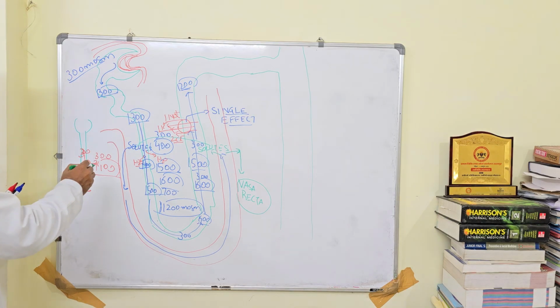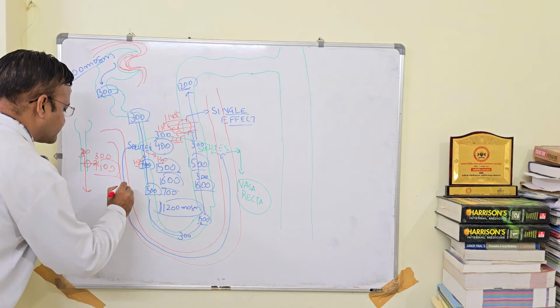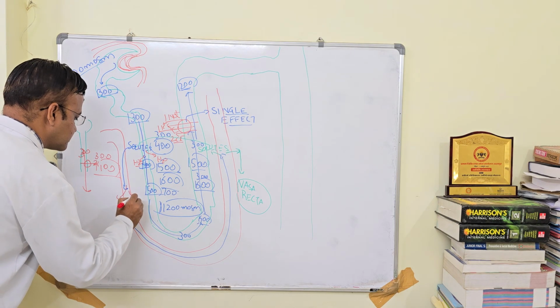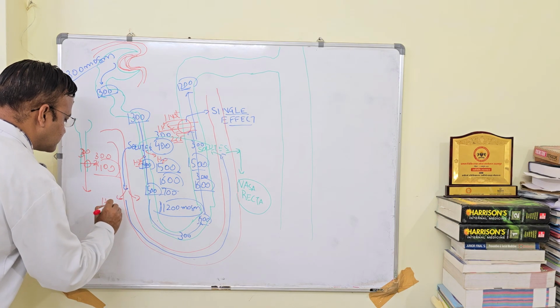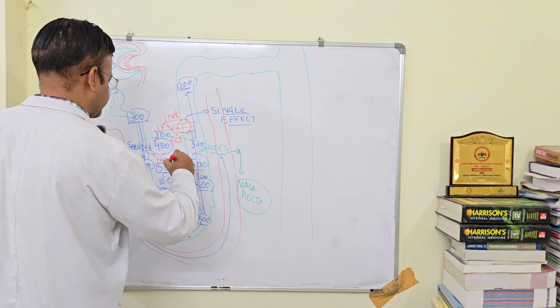The descending limb is going to release water, but the ascending limb is going to absorb water.